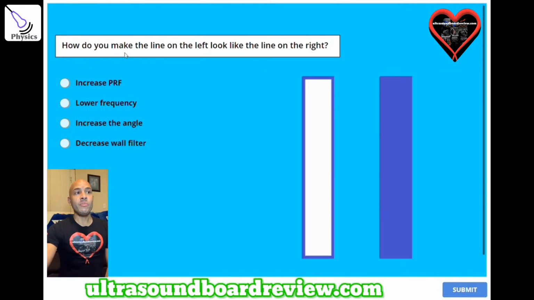Question number 4. How do you make the line on the left look like the line on the right? A. Increase PRF. B. Lower frequency. C. Increase the angle. Or D. Decrease the wall filter. So how do we make this line look like this line?